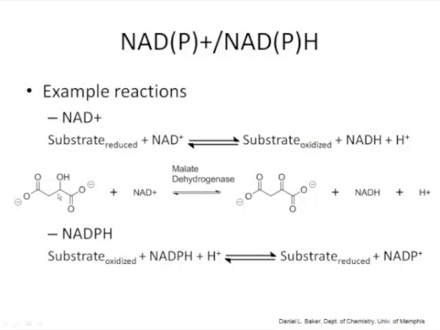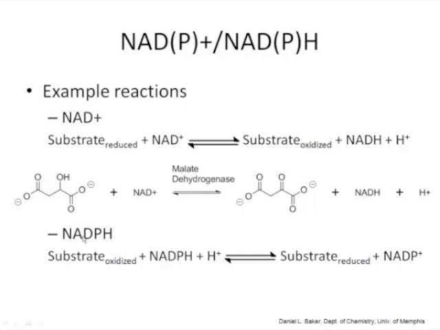So again, we're taking this compound. This carbon atom is getting converted from an alcohol to a ketone. So we're going from reduced form to oxidized form. So we need to use the oxidized form of the cofactor, NAD+, forming the reduced form of the cofactor, NADH. And we also have a proton here.